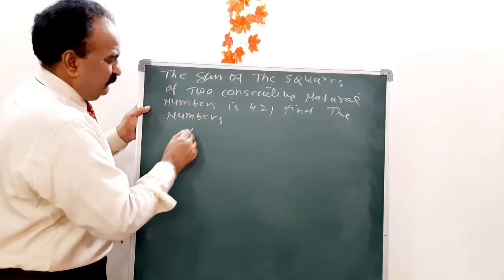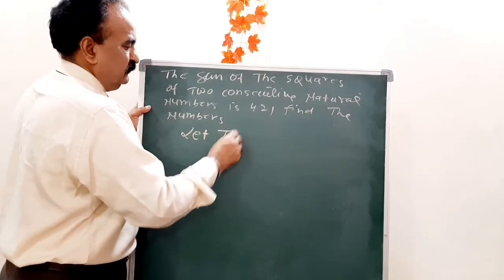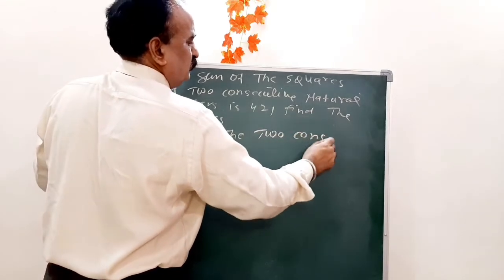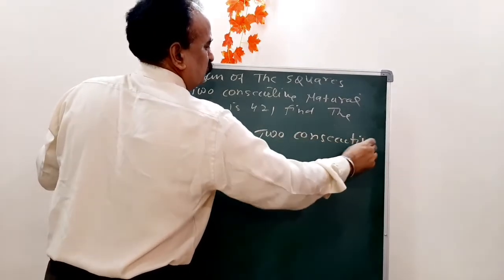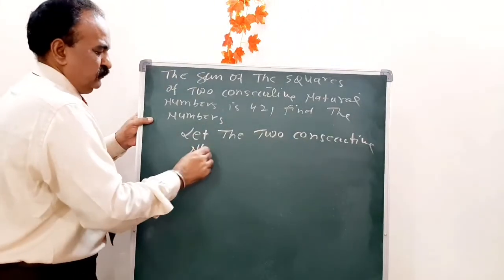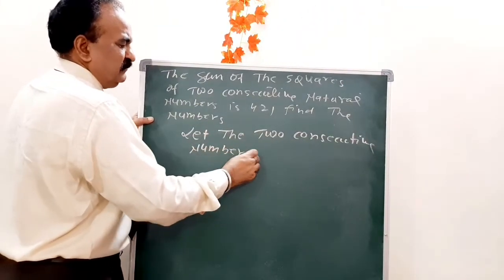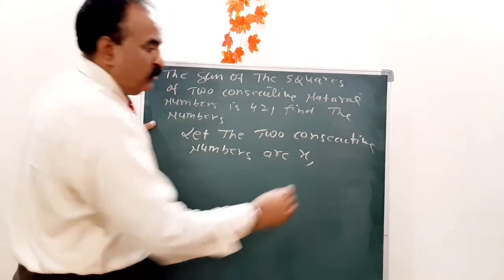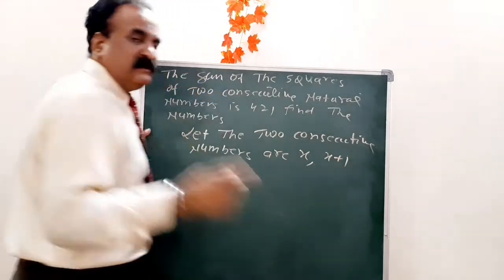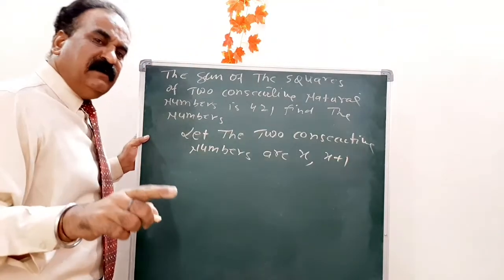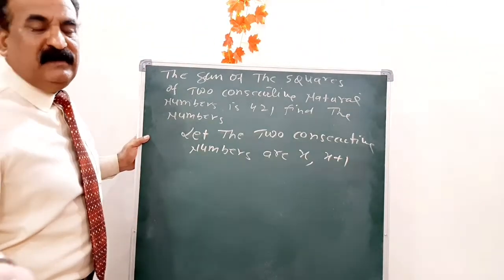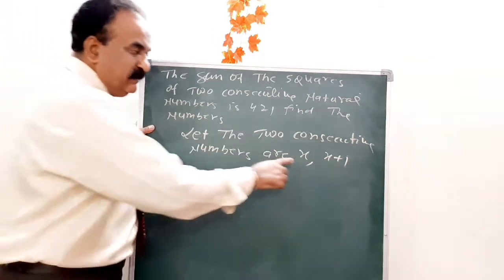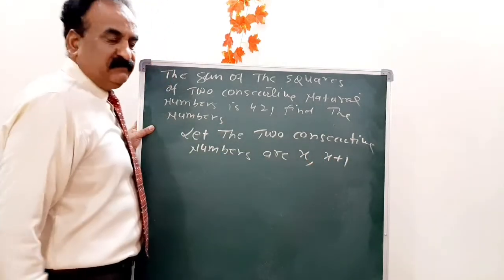Let the two consecutive numbers be x, x plus 1, because if one number is 20, other number will be 20 plus 1. If one number is x, other will be x plus 1.